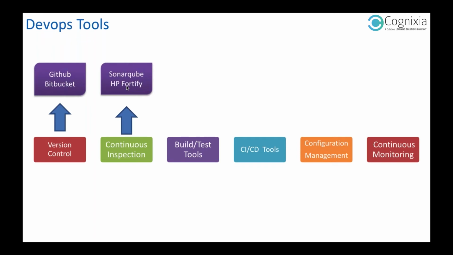It will also tell you that the code is written like this, but it could have been written like this as well. It gives you some recommendations. That's the best part of SonarQube. It's open source, and there's also a commercial version from HP called Fortify. So let's quickly show you something on SonarQube as well.